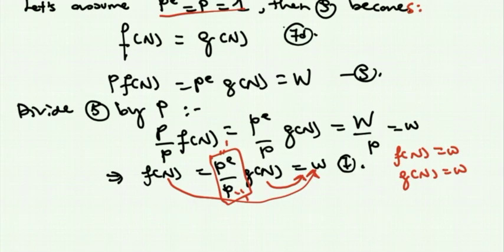Right, so using P equals to 1, also, and this one, use 7D. 7D, we write as the following. So how do we write it?